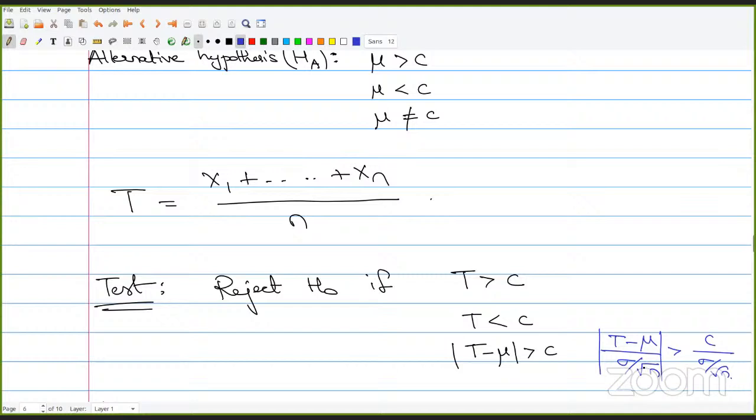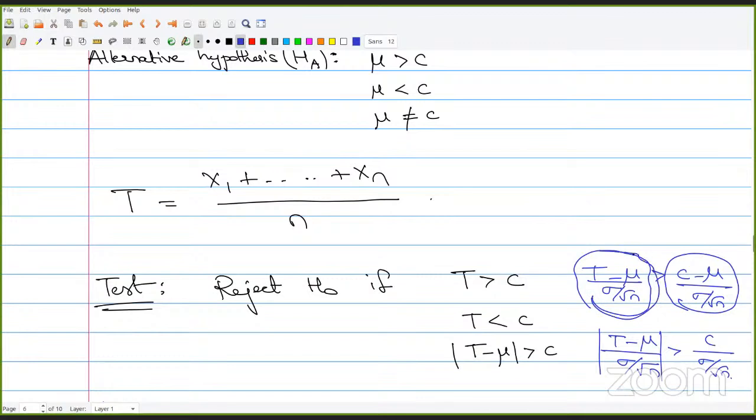When we do a one-sided test, there is no mu term in the left hand side, so that is why we subtract mu on both sides and then divide by sigma by root n on both sides. Whatever operation you do on the left hand side, you should do on both sides, and ultimately you should get T minus mu by sigma by root n, because this will follow Z.